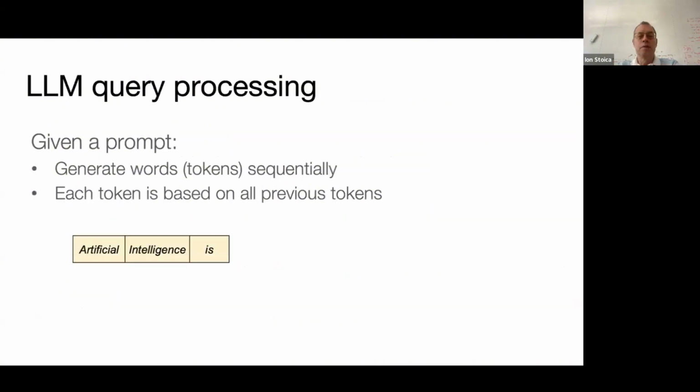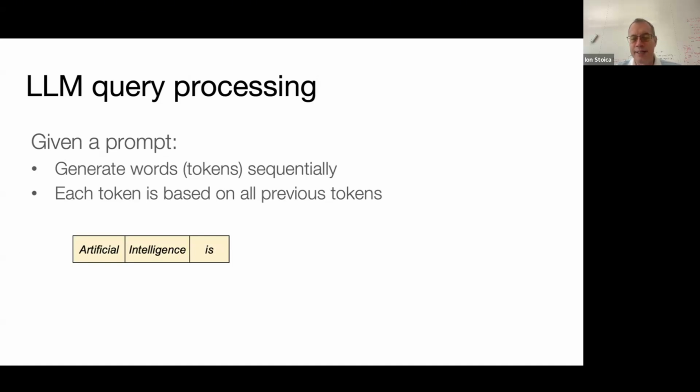Okay, so first, I'm sure that almost everyone in the audience knows this, but let me still recall, just to be on the safe side, how LLM query processing works.